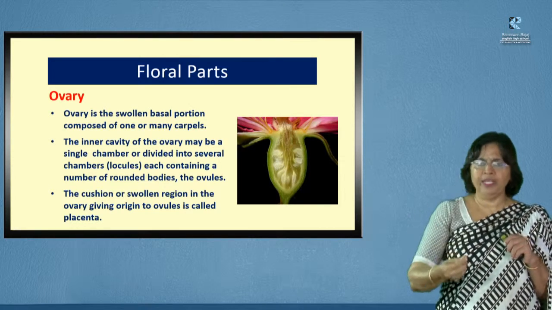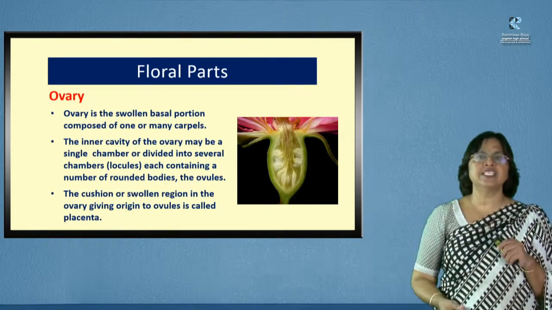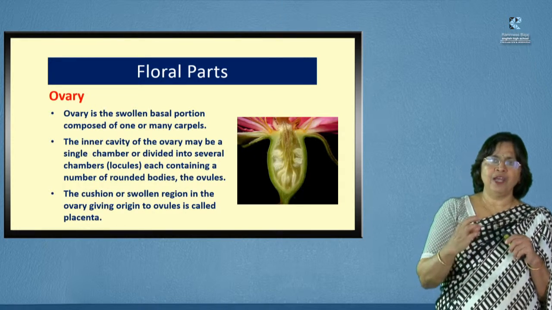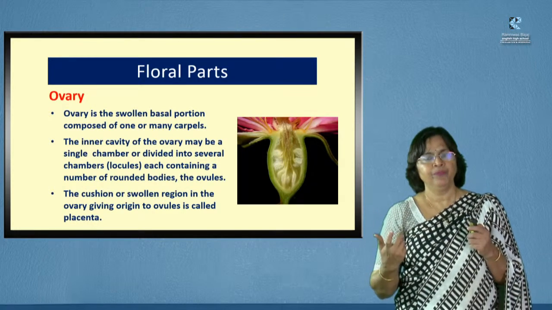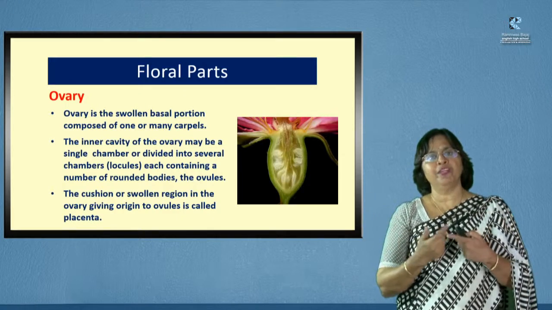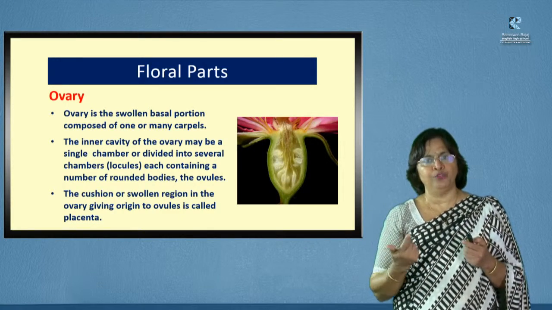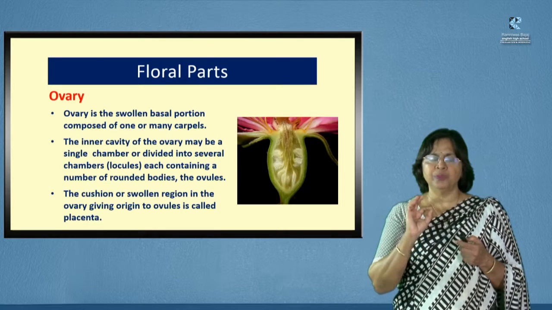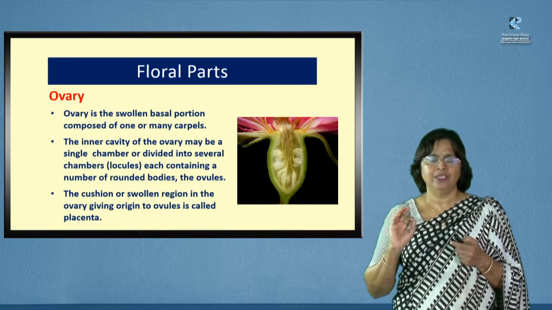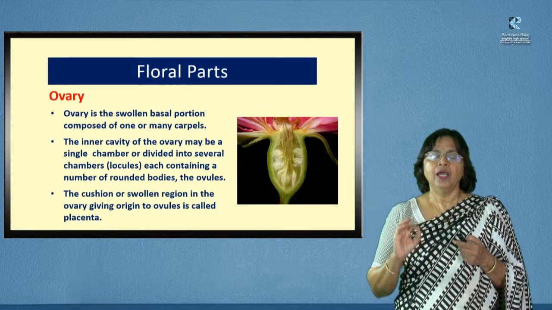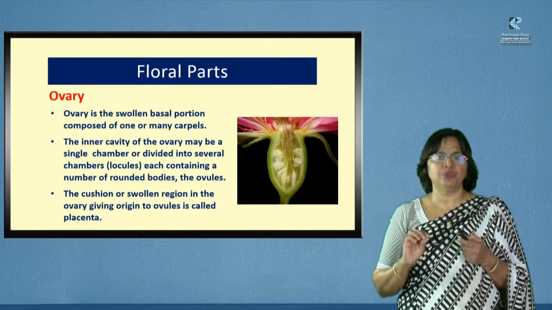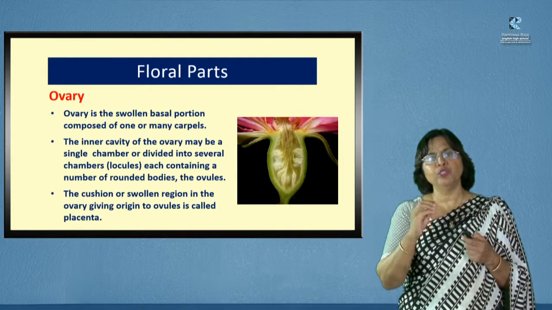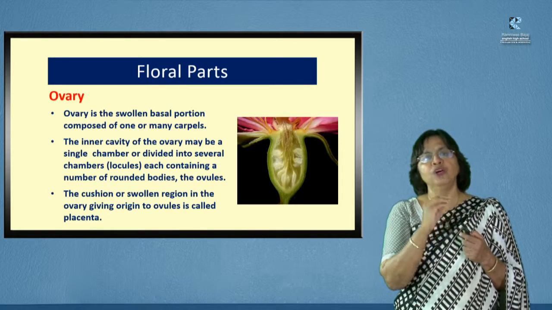In most ovaries, like in the shoe flower, it is placed in the center. But in flowers like that of cucumber, the placenta is found on the periphery, on the inner wall of the ovary. Placenta is the tissue through which the nourishment as well as the pollen tube is going to come through. And it is through this tissue that the ovules are attached to the ovary.